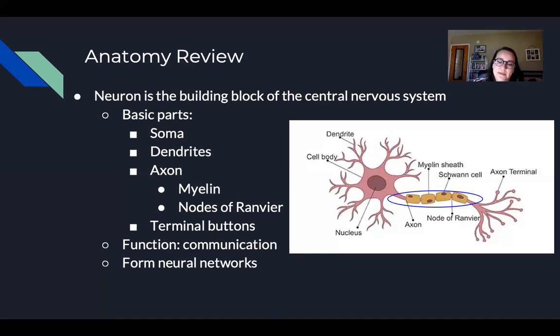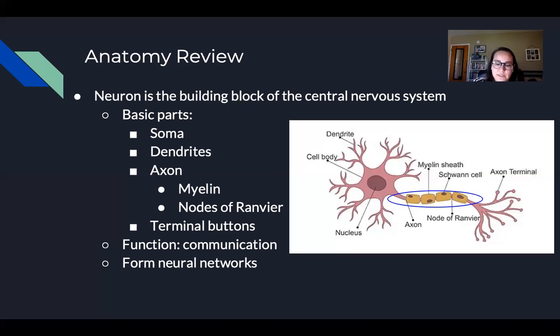When it's signaled, it sends this electrochemical signal down its length to the end of it, which results in more of these branches that are called terminal buttons. Some axons, not all, but some, are covered in this white fatty substance called myelin.